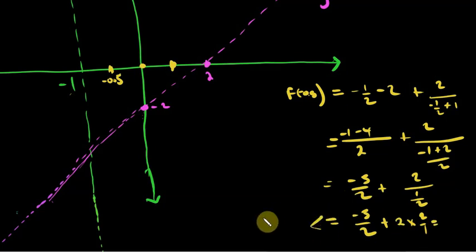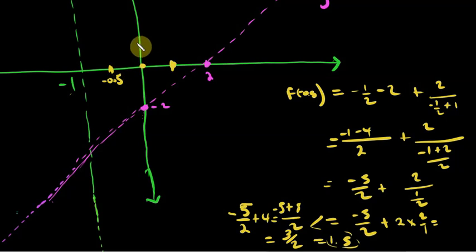This gives me minus 5 over 2 plus 4, so minus 5 plus 4 times 2 is 8, so 3 over 2. That's 1.5.